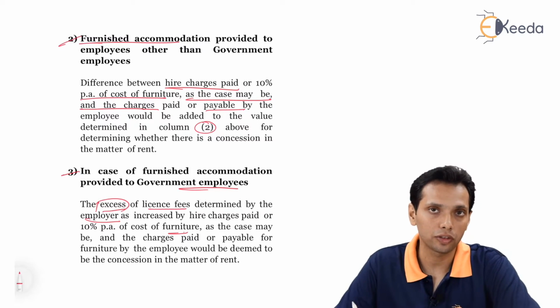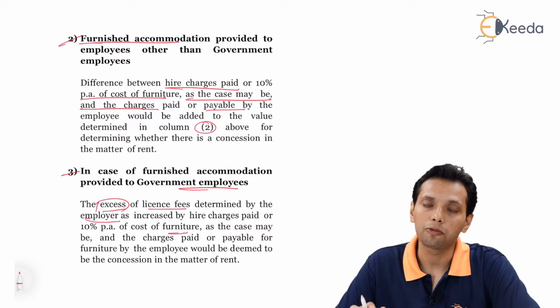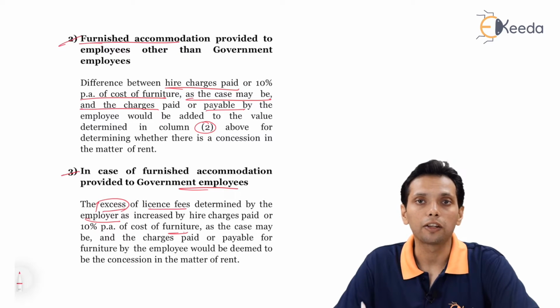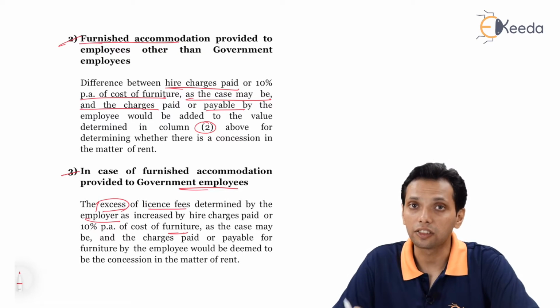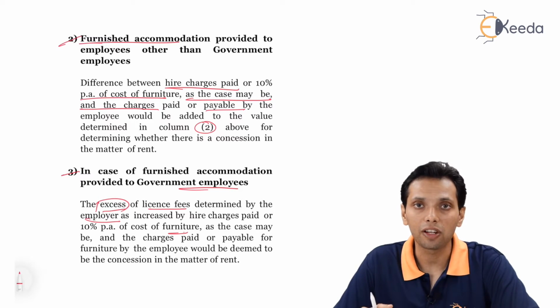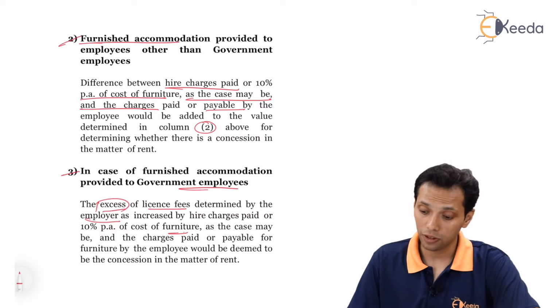So again, the perquisite value is to be deducted from any amount recovered from the employee, and if the figure is positive, that is the concession in the rent provided to the employee, and that will be the perquisite value taxable in the hands of the employee.